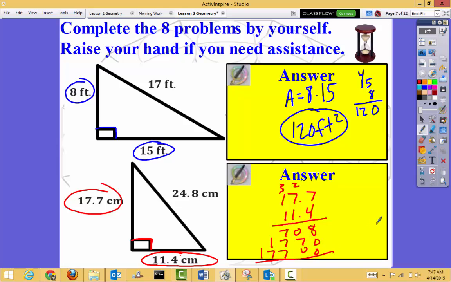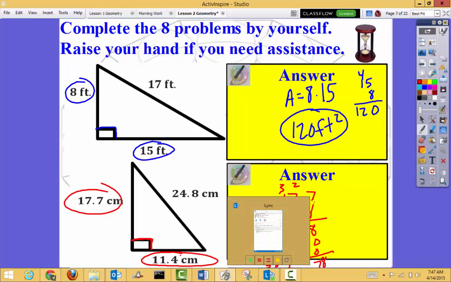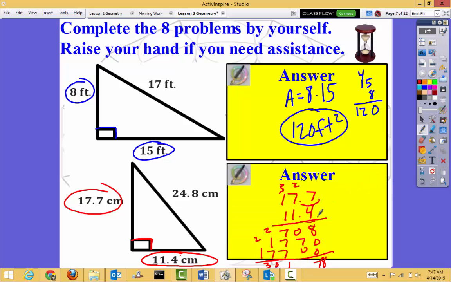And then I add, so I will get 8, 7, 1, 0, and there are how many decimals? 1, 2, so it's going 1, 2 over. So my answer is 301.78 centimeters squared.